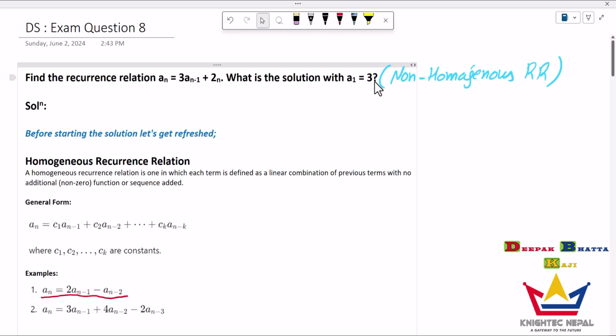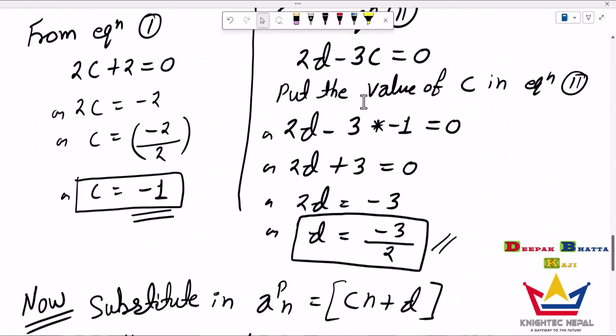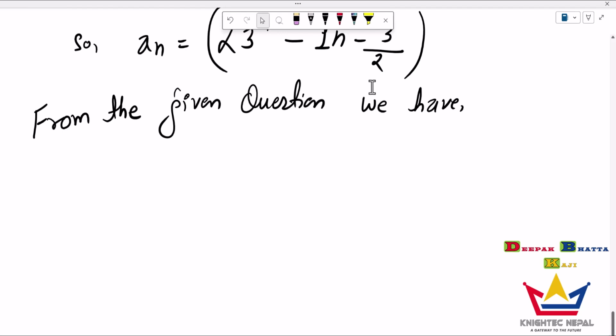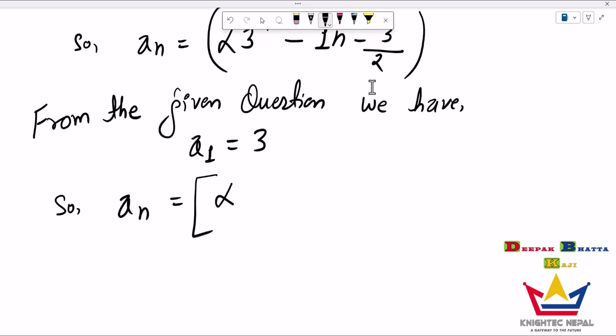So a1 equals 3. So an equals alpha 3 raise n minus 3 divided by 2.